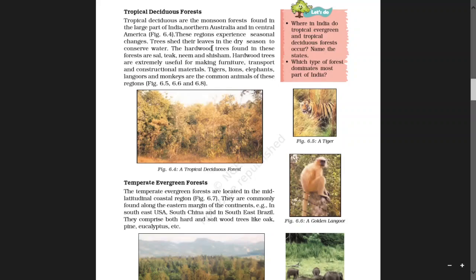The hardwood trees found in these forests are sal, teak, neem, and shisham. So these are the varieties of trees which are found in the tropical deciduous forest. They are hardwood trees, boys. Hardwood trees are extremely useful for making furniture, transport and constructional materials.